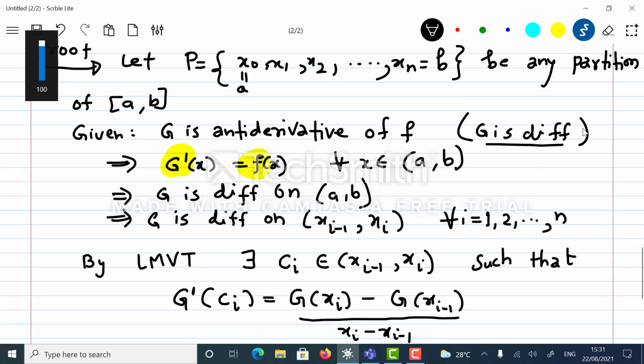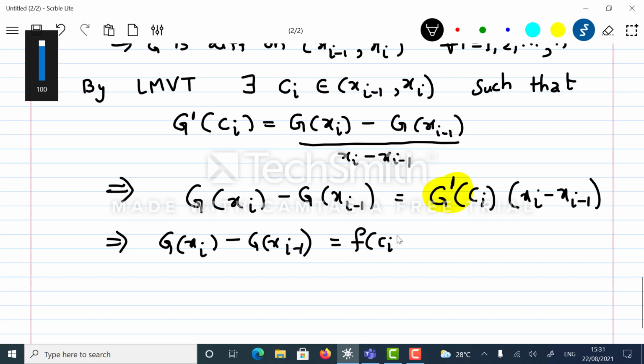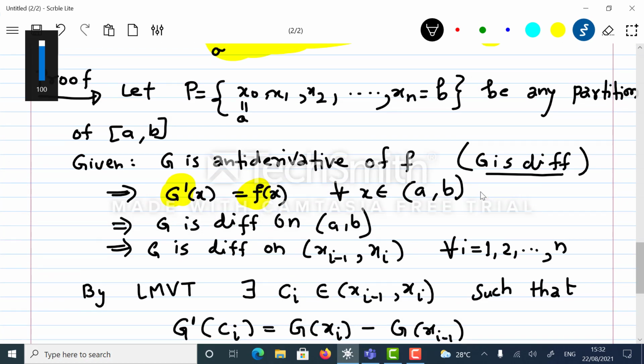So instead of writing g', I will write small f now. So this would imply g(x_i) minus g(x_{i-1}) is equal to f(c_i) times (x_i minus x_{i-1}). So let's call this equation 1.